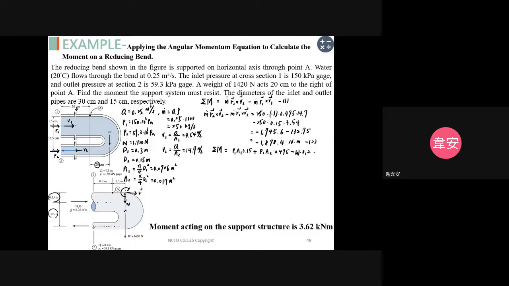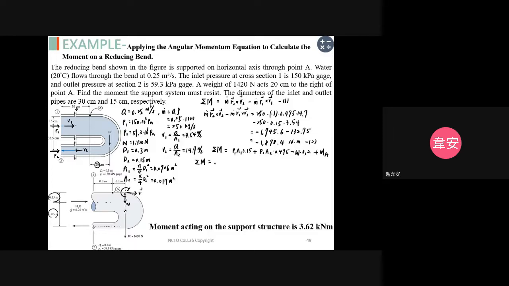So there is an additional moment A we didn't know, and we try to have the moment to fix the pipe bend so it didn't move. Okay, so we just calculate the sum of the moments, and then we put the numbers inside the equations.